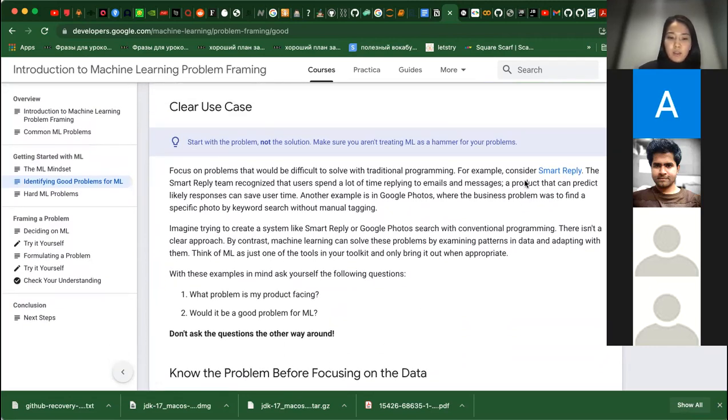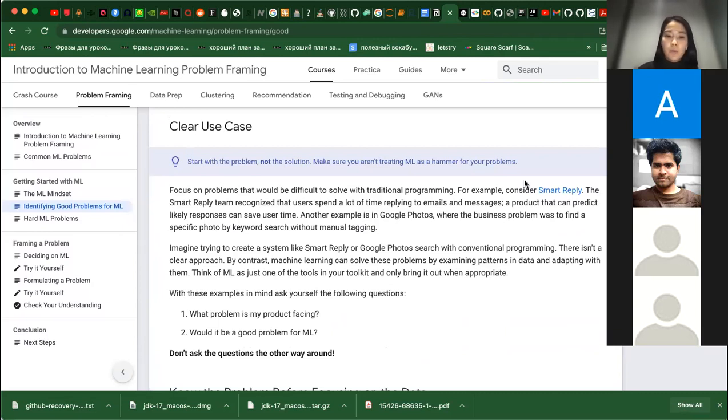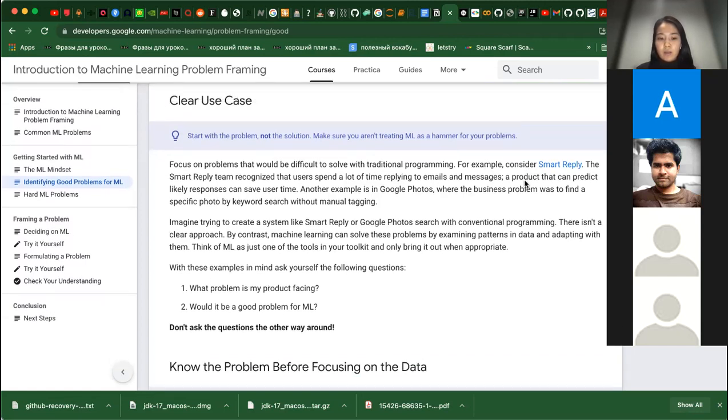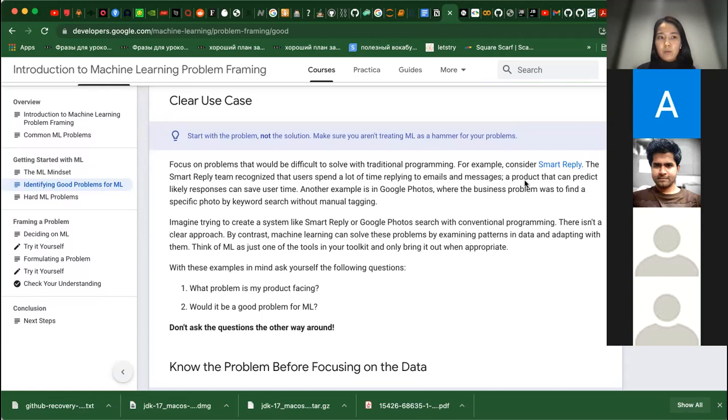Okay, let me start first. The first thing we need to understand is what the problem is. For example, if I do research on some human cells and I want to understand how we can distinguish the healthy cell from the starved cell, my problem is I want to classify cells into two types.